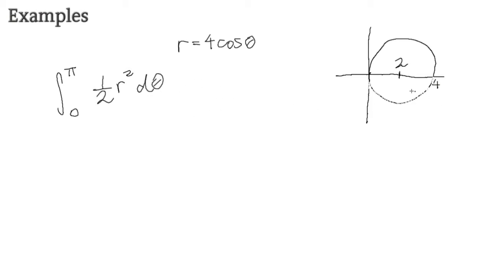So let's have a look at this enclosed area, shall we? In order to carry out this integration, first of all we need to substitute r into the equation, which gives us 4 times 4 is 16, divided by 2 is 8, lots of cosine squared theta d theta, which is all fine.